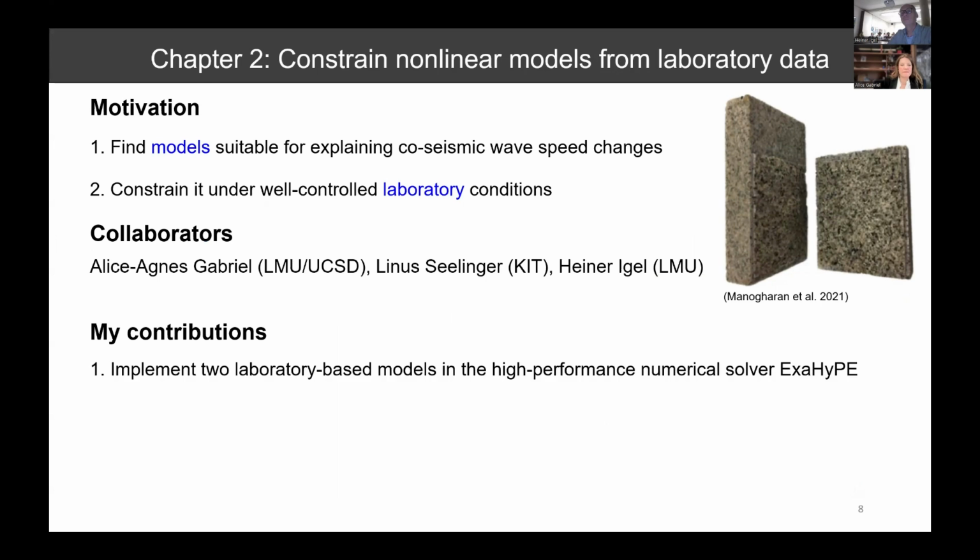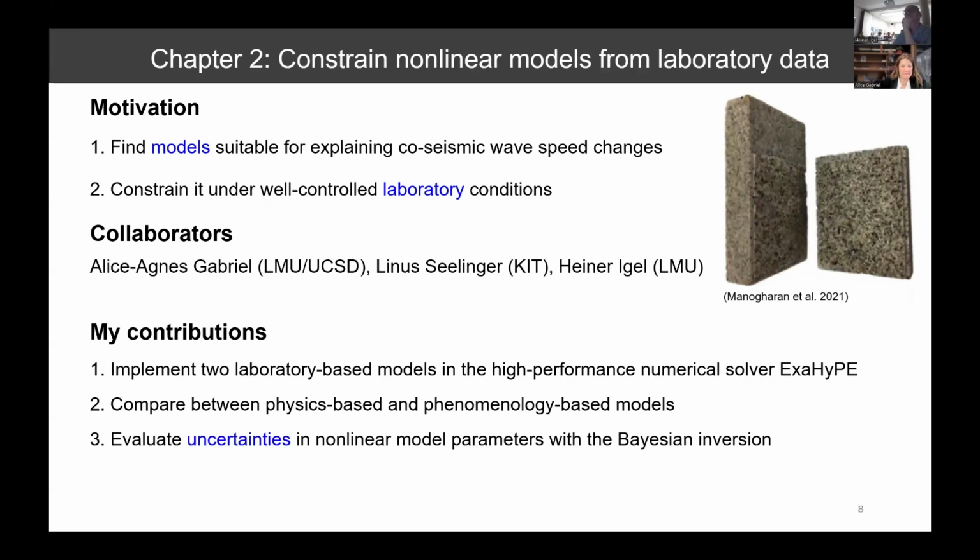My contribution in this work is to implement two laboratory-based models in a high-performance numerical solver called ExaHyPE for 2D simulations. I compared physics-based and phenomenology-based models. And in the end, I evaluated the uncertainties in the nonlinear parameters with Bayesian inversion.